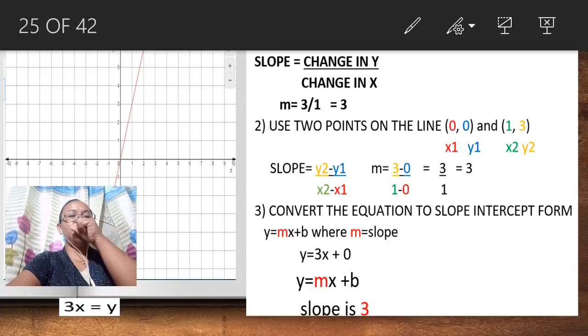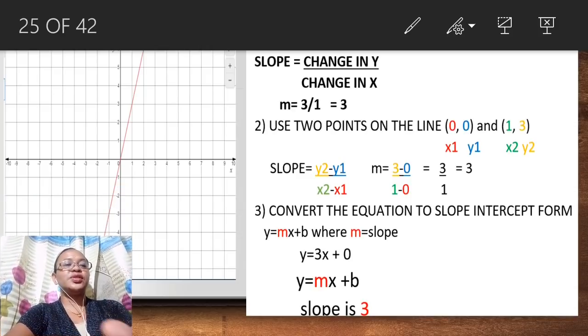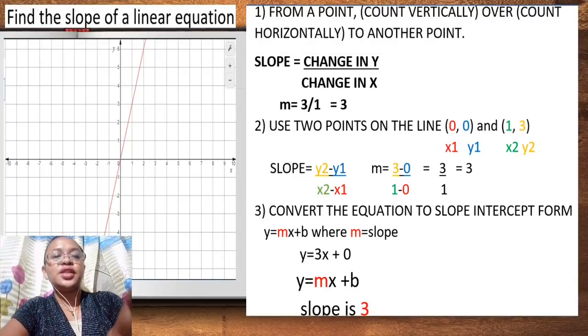Okay, you can also solve the slope here by using 2 points on the line. So in here I use the 2 points 0, 0 and 1, 3.